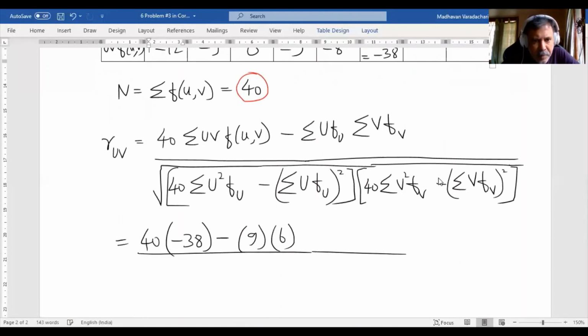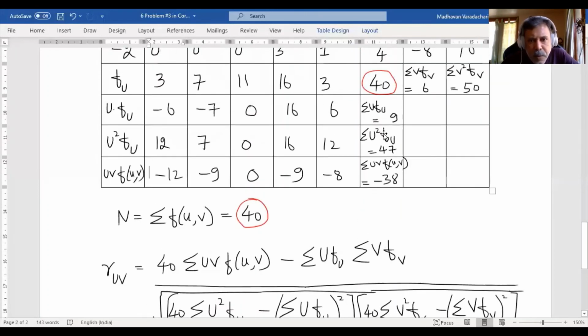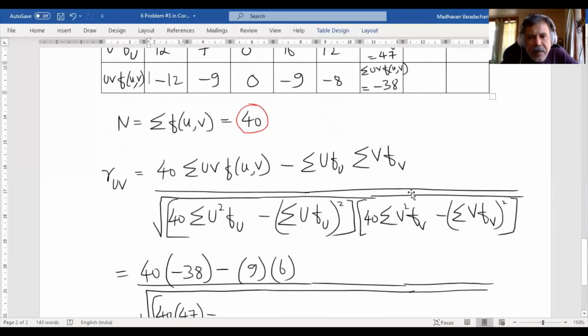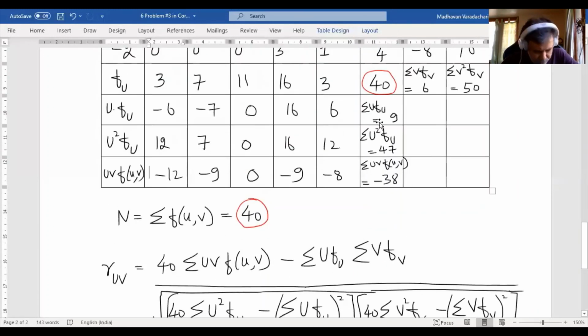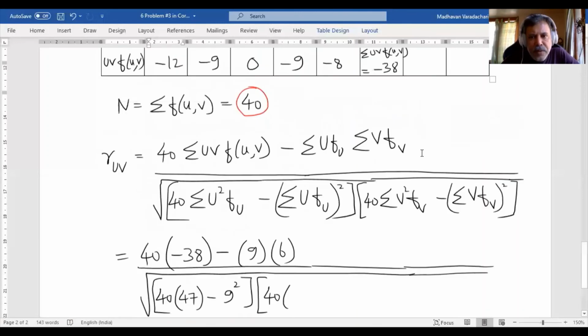The whole thing divided by root of 40 multiplied by U square into FU. U square FU, here it is 47. Minus summation U into FU, the square. U into FU, the square is 9 square. Again, 40 times V square into FV summation.